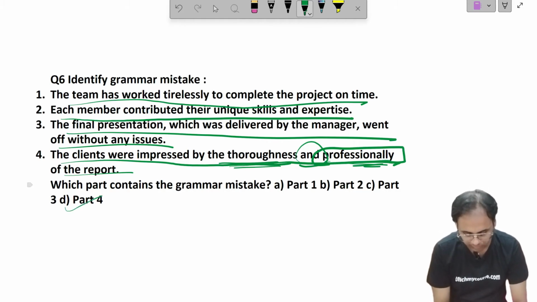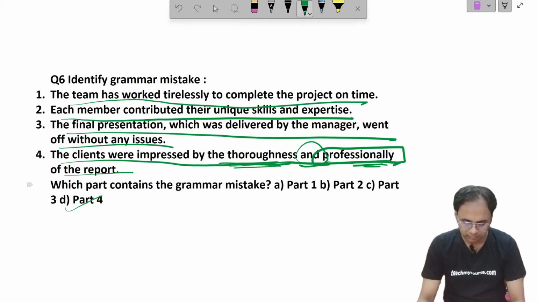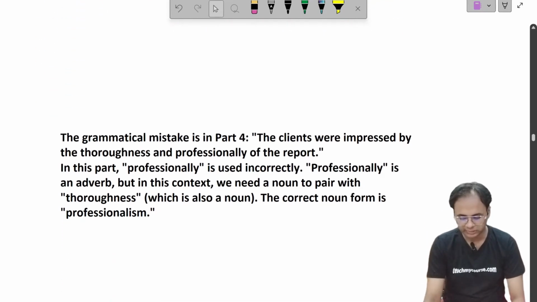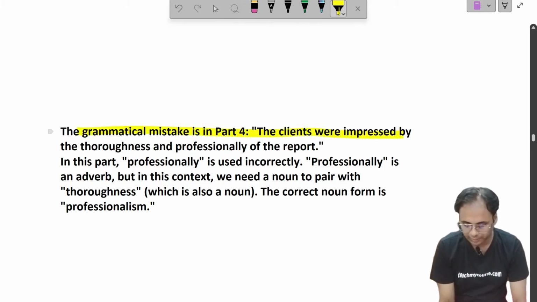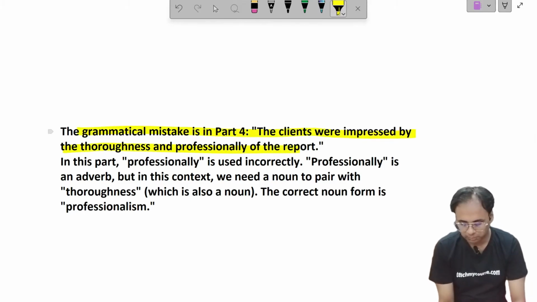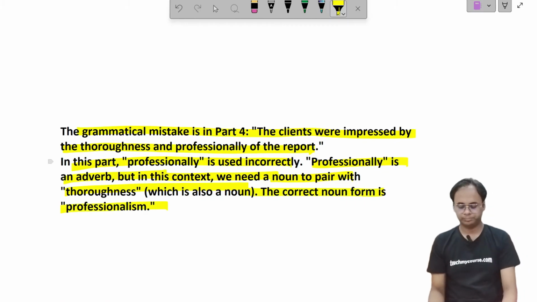So I think part 4 is the answer, which has the grammar mistake. Yes. In this part, professionally is used incorrectly. Professionally is an adverb, but in this context we need a noun to pair with thoroughness. The correct noun form is professionalism.